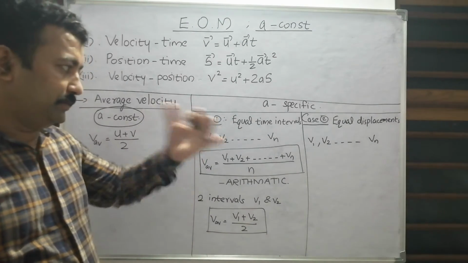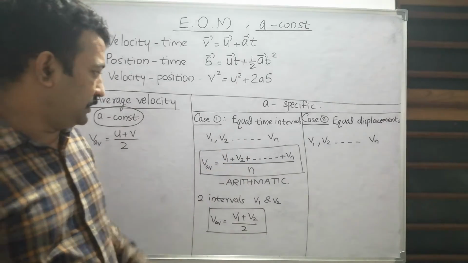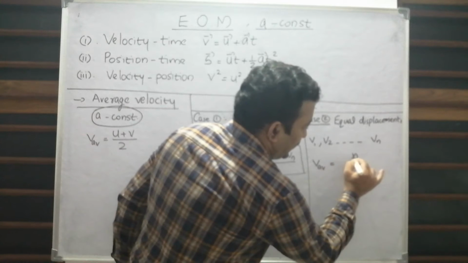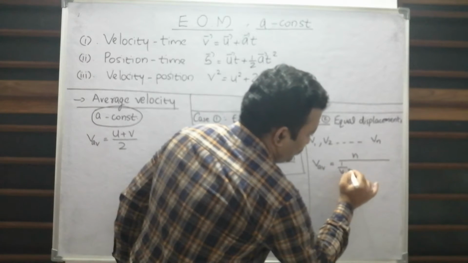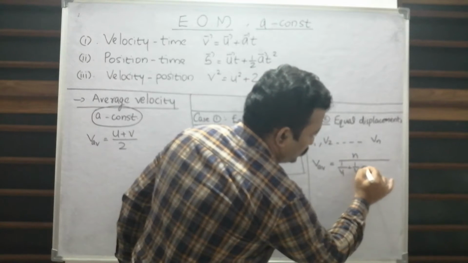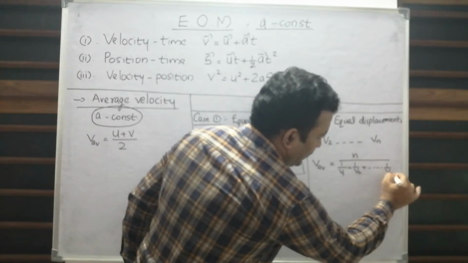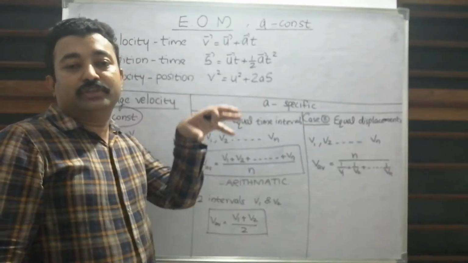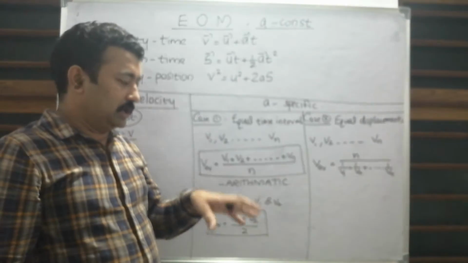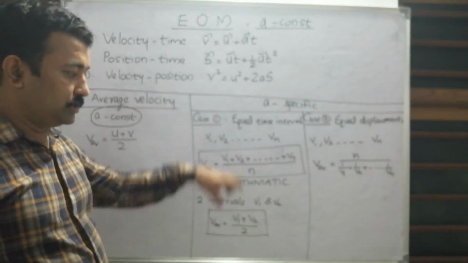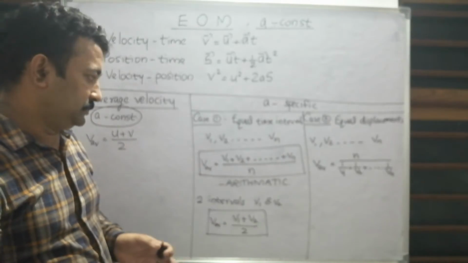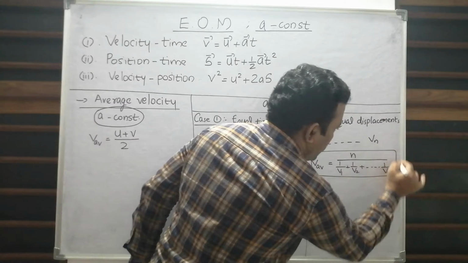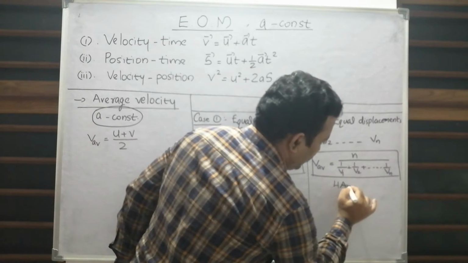In that case, definitely the time intervals will be different, and we get the average velocity expression as n divided by 1 by v1 plus 1 by v2 up to 1 by vn. You can refer to my session on the concepts of average velocity, where I have shown in detail how the expressions can be derived. This is called the harmonic mean of velocities.